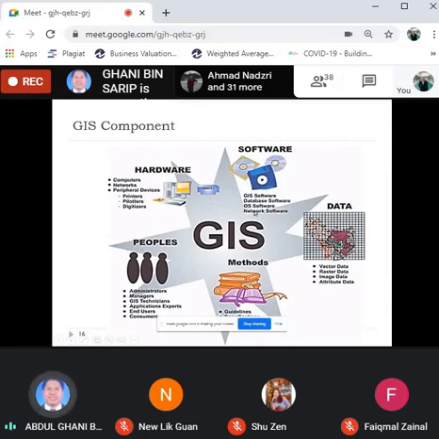And then we have the proper software: GIS software, database software. Sometimes GIS software could also be linked to other types of database like Excel or maybe statistics software.